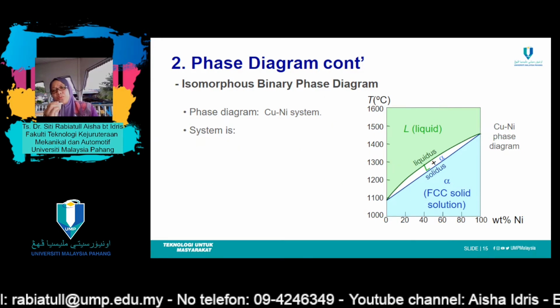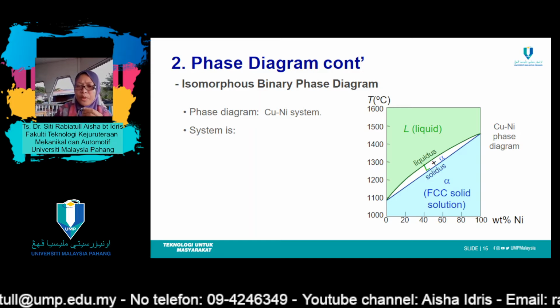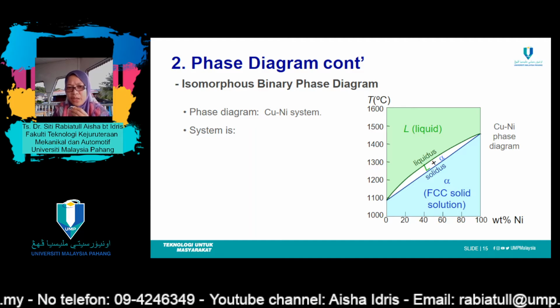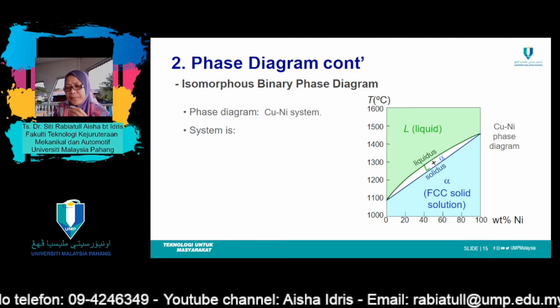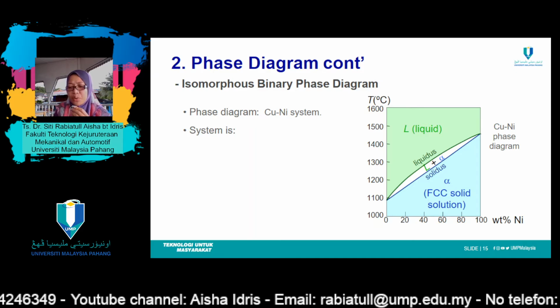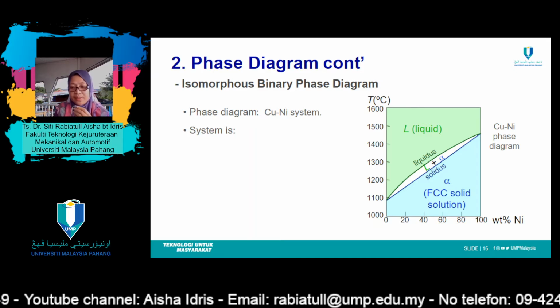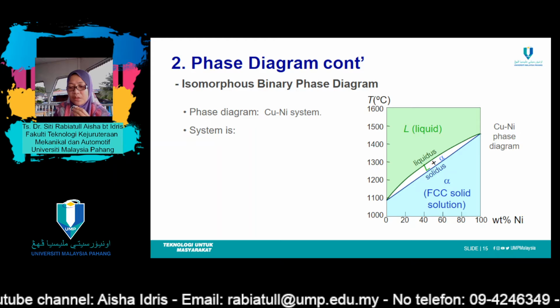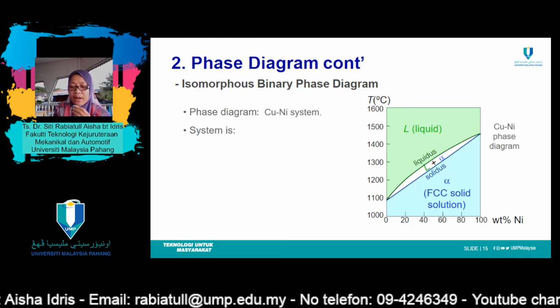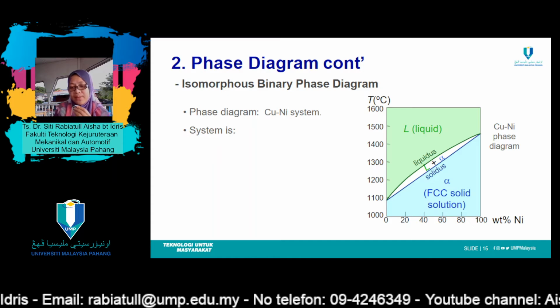Other than that, you may also come across isomorphous, and isomorphous represents a system in which the solid has the same structure for all compositions. In isomorphous systems, the two components have unlimited solubility, which means they are like water and alcohol when they mix.